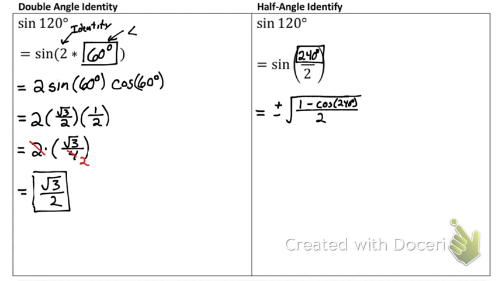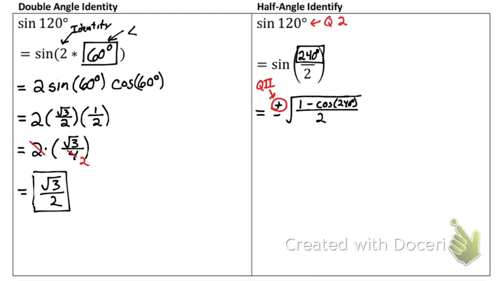We need to be able to figure out if it's positive or negative by the original angle. What quadrant is 120 in? Quadrant 2. Is sine positive or negative in quadrant 2? Positive, so we would choose the positive version. Easy enough here because we already know what the answer should be. It should be a positive square root of 3 over 2.